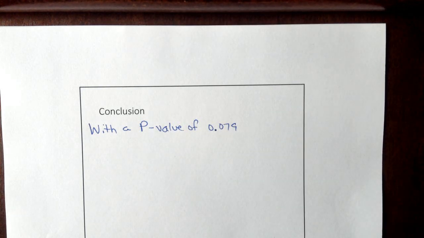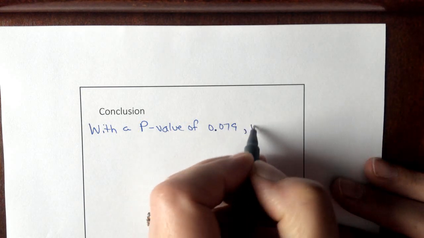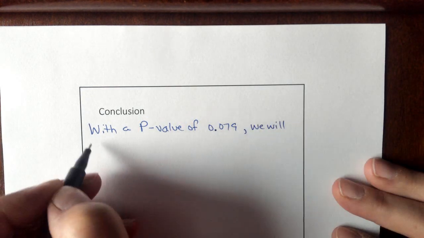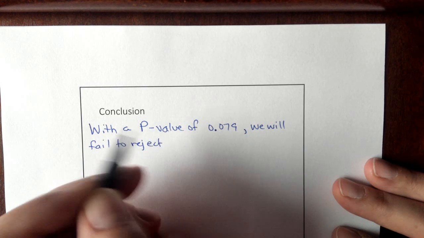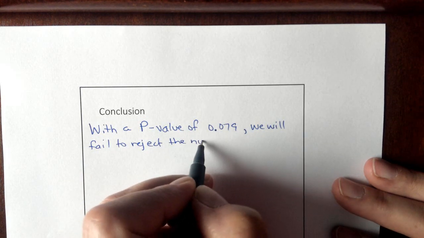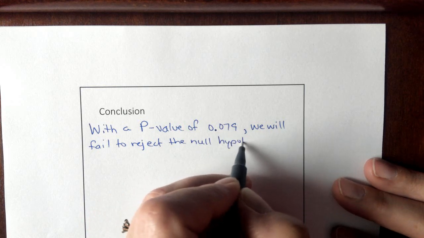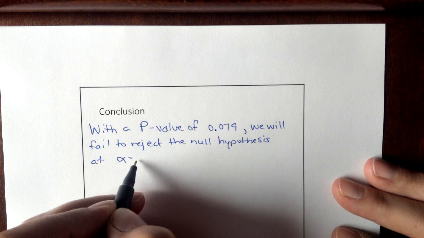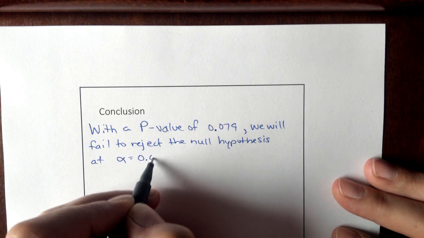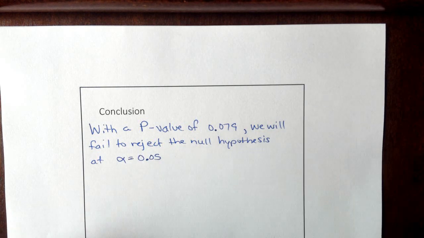That's not interesting. It's not low enough to be interesting, so we are not going to reject. We will fail to reject the null hypothesis at an alpha level of anything reasonable here would work. I'm just going to stick with my usual 5%.